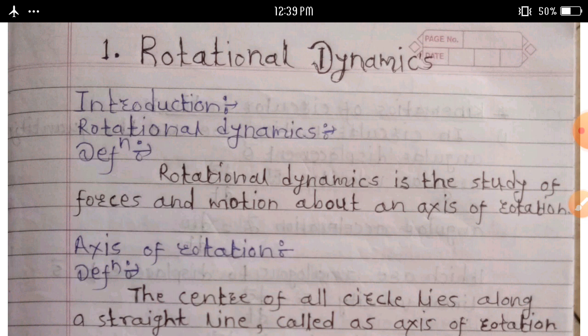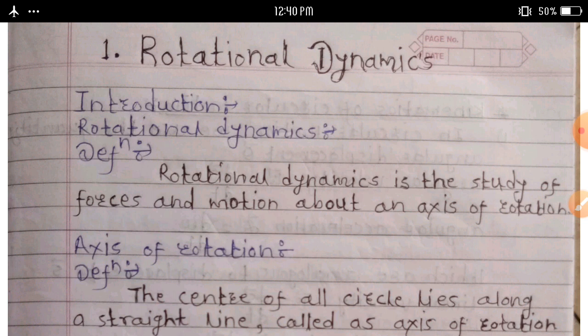This is called revolution. And what is meant by rotation? During rotation, the motion is about an axis of rotation passing through the object. This is the basic difference between revolution and rotation of an object.